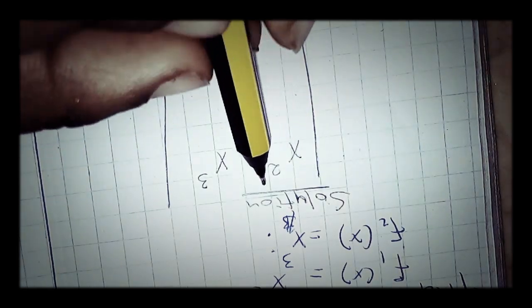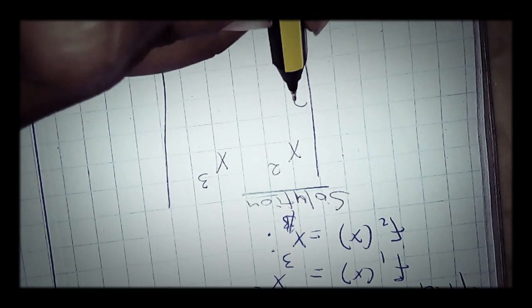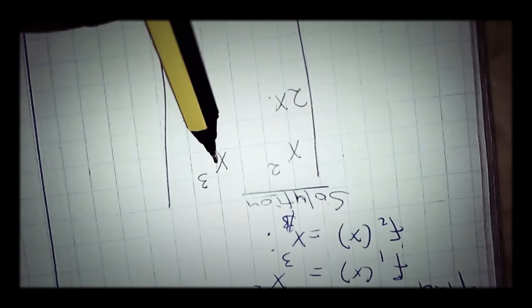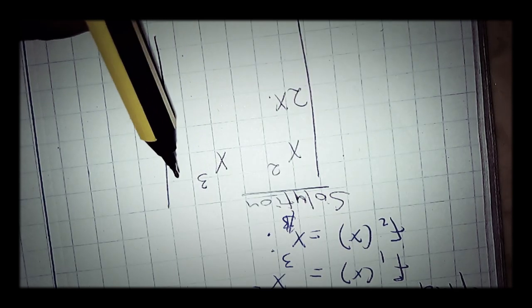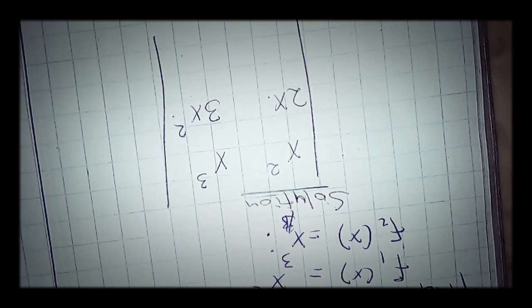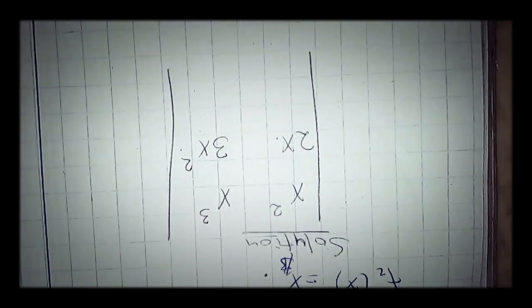The first derivative of x squared with respect to x is 2x. The first derivative of x cubed with respect to x is 3x squared. So we find the determinant of this now.